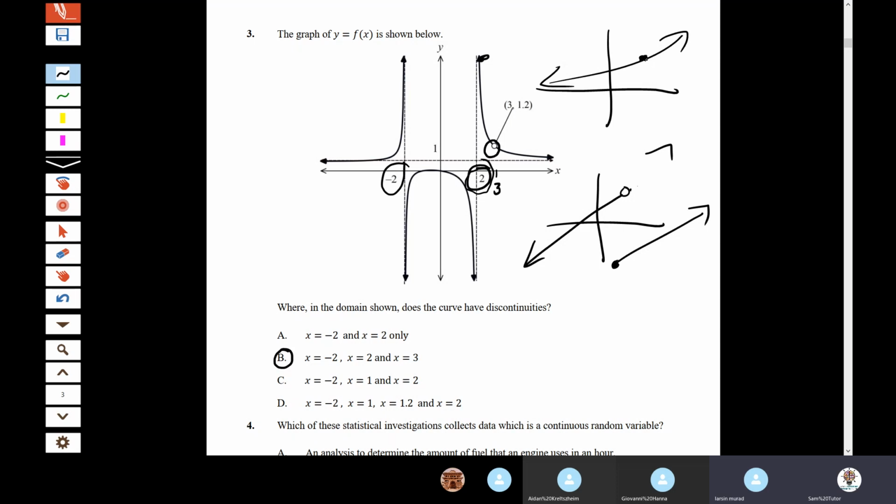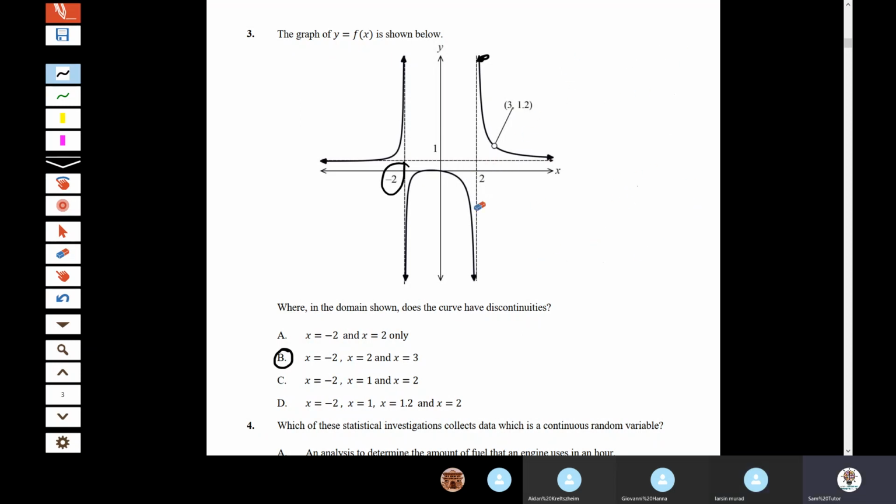Closed circle just means it includes it. So they would not put a closed circle. If this is discontinuous, this would be continuous. Cool. Clears that up. Discontinuous at -2, at 2, and at 3. Any other questions?